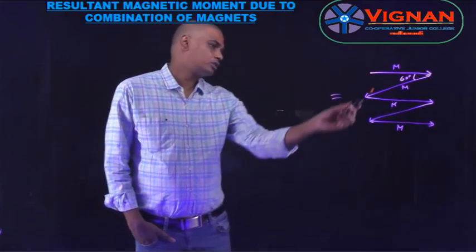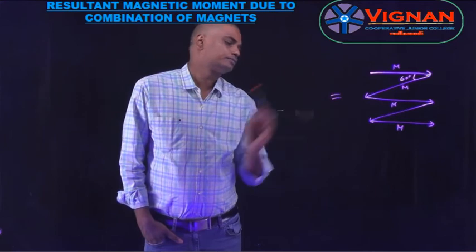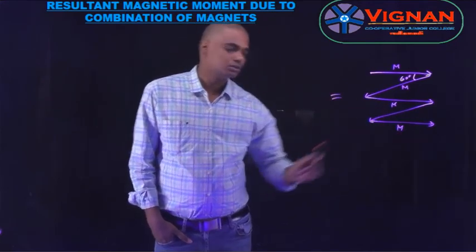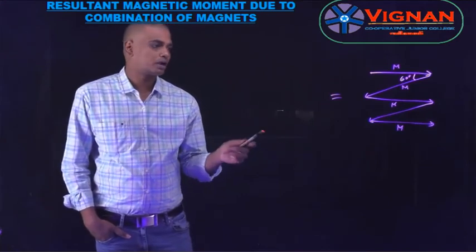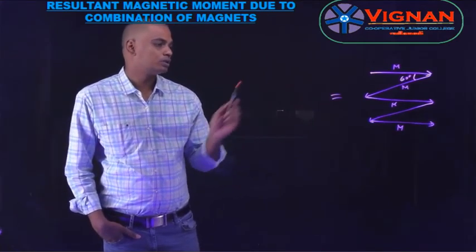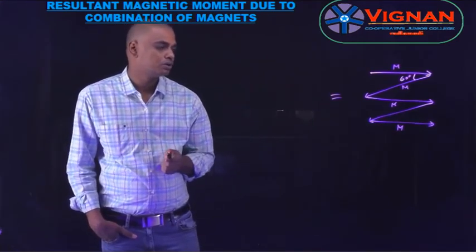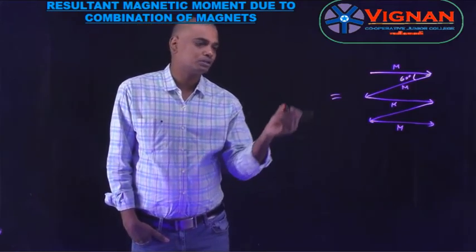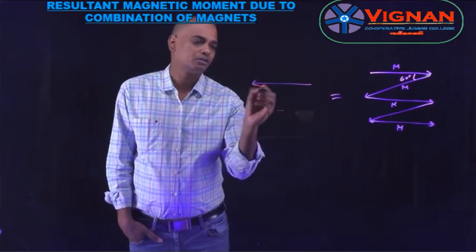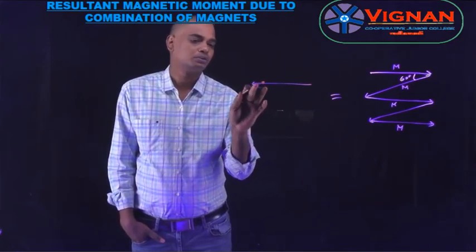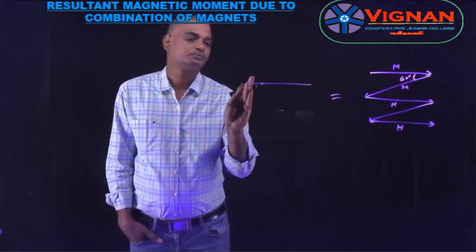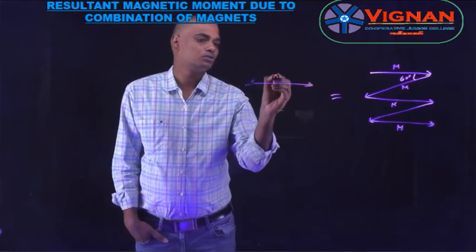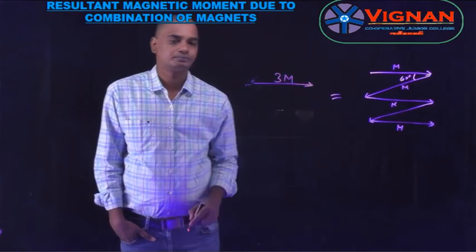So you can observe all these 3 bar magnets have the same direction. So we know that the vector sum, when placed one above the other with the angle between them being 0, we can add them up: M1 plus M2 plus M3. So the resultant will be like this, in the opposite direction, whose magnitude is 3M.